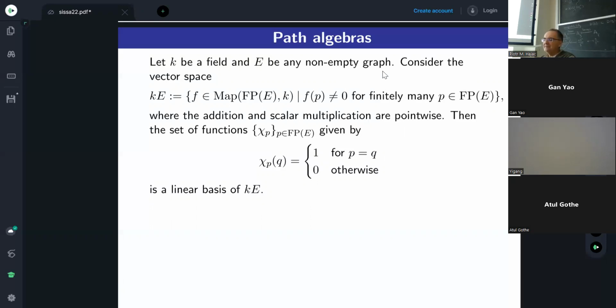So let K be a field and E be any non-empty graph. I don't want to enter into the discussion of zero algebras. Now consider the following vector space. You take all finitely supported maps on the set of all finite paths in your graph E. If your graph is finite and acyclic, then finitely supported means nothing because you have a finite domain.